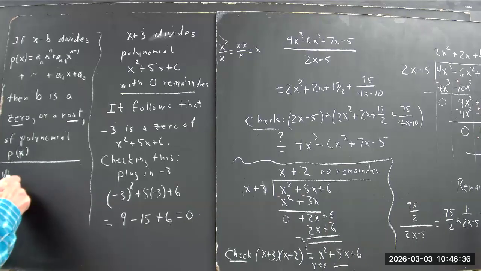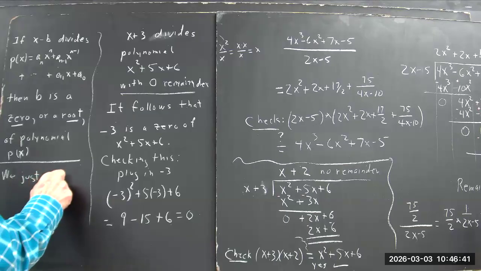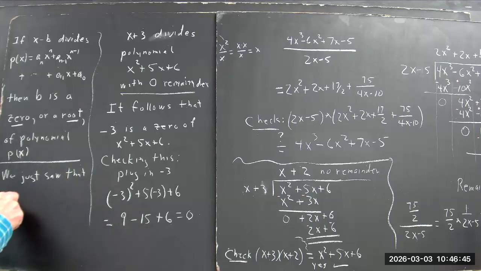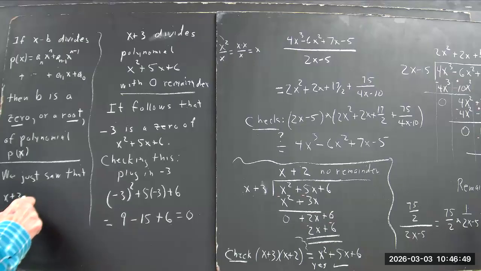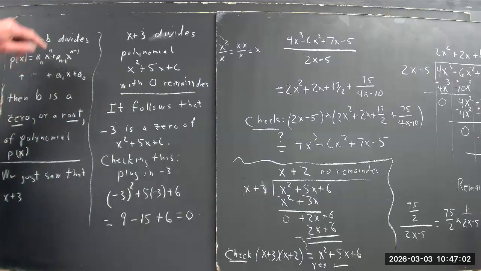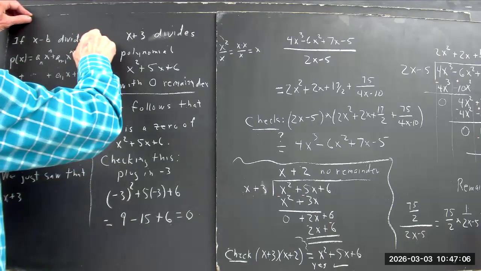Okay. As an example, we just saw that x plus 3 divides, and let's be careful. When I say this divides the polynomial, what I really mean is it divides it without remainder, okay?